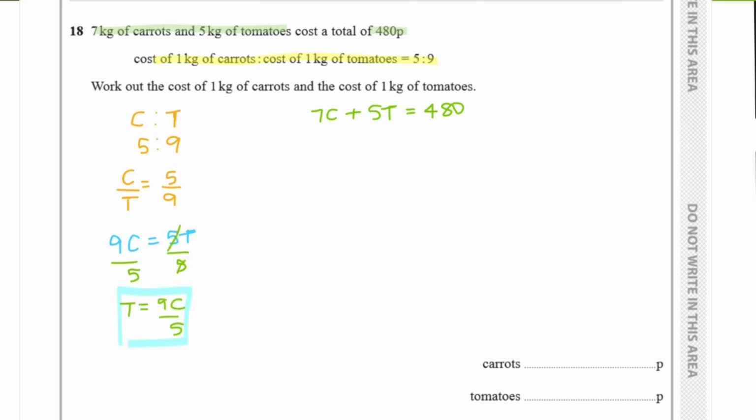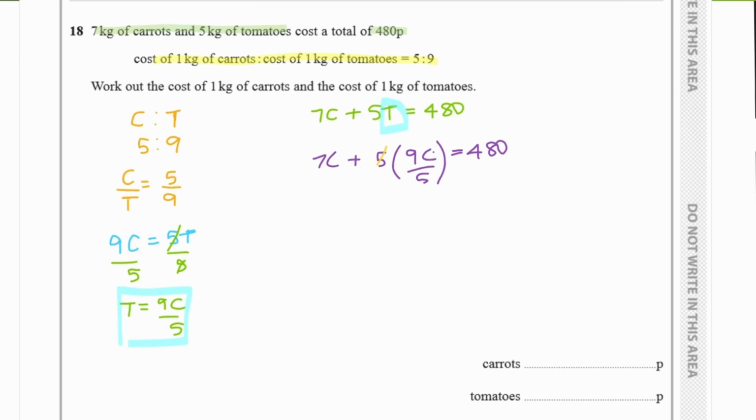And what we can now do is, because we've got an equation for T, we can now substitute T in terms of C. So we can rewrite our equation as 7C plus 5 multiplied by 9C over 5 is equal to 480. So what we have done is just substituted our T as 9C over 5.